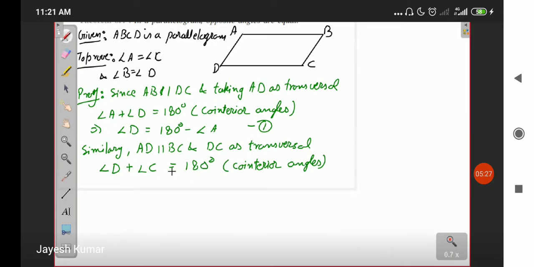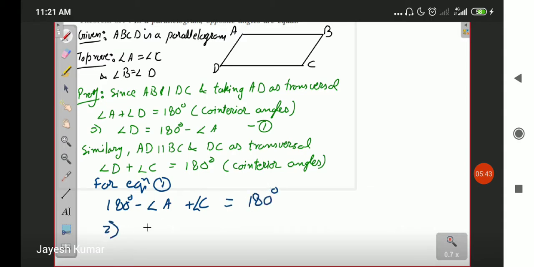Using the value of angle D from equation 1, angle D was equal to 180 degrees minus angle A, plus angle C equals 180 degrees. That means the value of angle C should be equal to 180 degrees minus 180 degrees plus angle A, or angle C is equal to angle A.